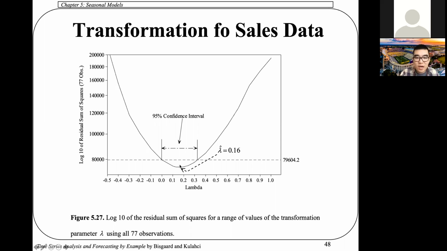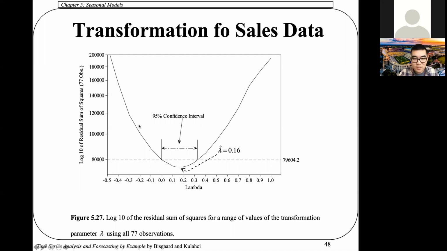However, if lambda is equal to 0, which is the log transformation, the residual sum of squares is approximately 80,000, which is definitely smaller than 200,000. It finds that when lambda is equal to 0.16, the residual sum of squares is the smallest.